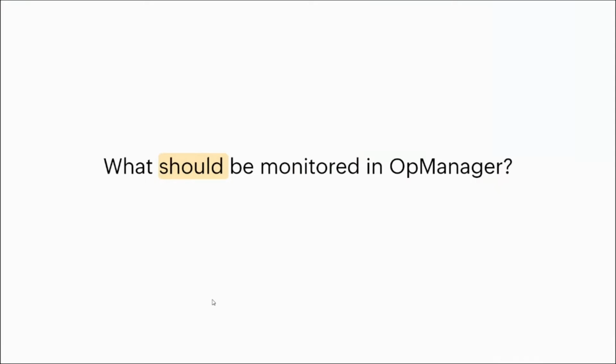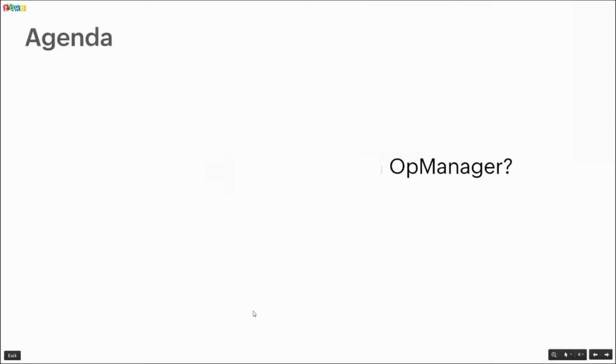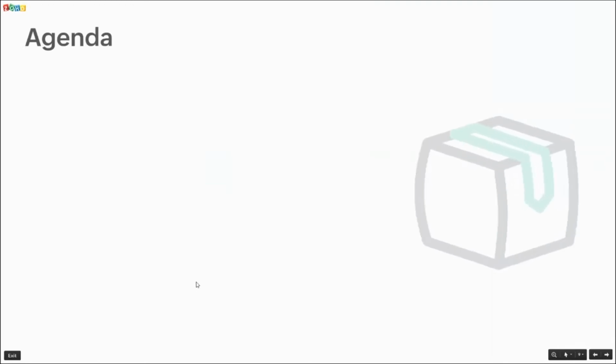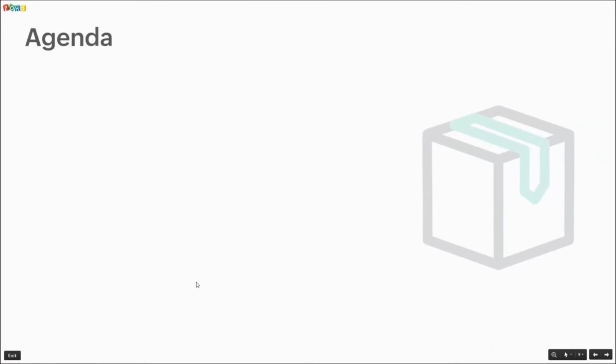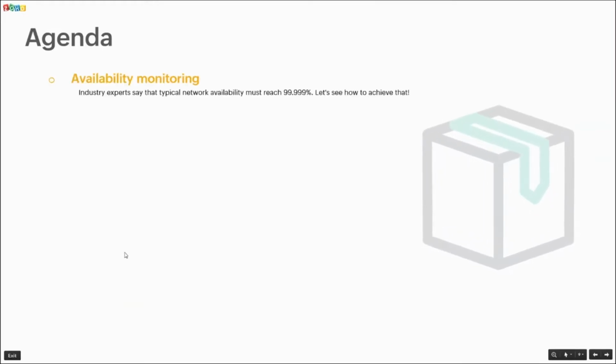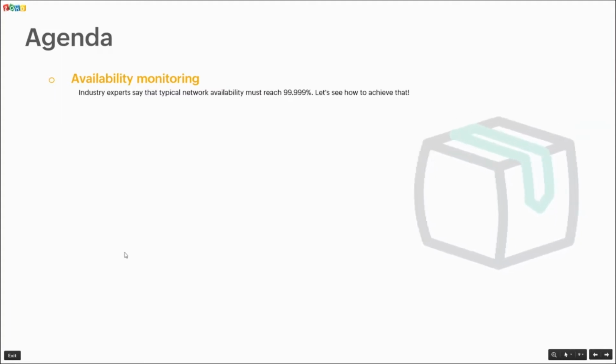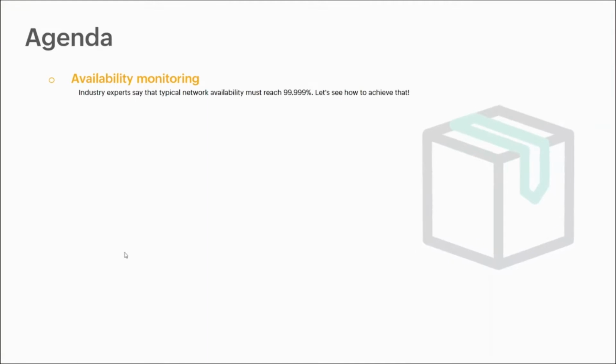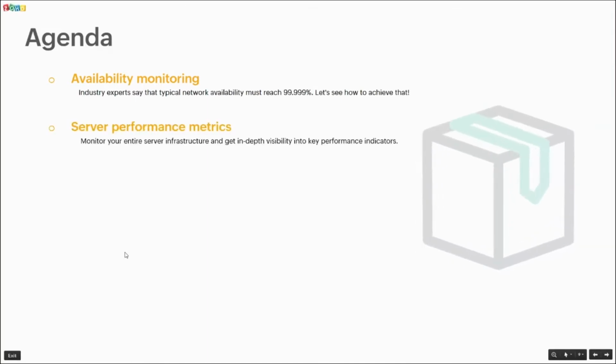We can monitor it. And now let's see the agenda for today's presentation, which will tell us the topics which we are going to cover in detail and the various metrics which can be monitored using Op Manager. Starting with the first topic, which is availability monitoring. Industry experts say typical network availability must reach 99.9%, and let's see how that can be achieved using Op Manager. The second topic is server performance metrics, to monitor your entire server infrastructure and get in-depth visibility into key performance indicators.